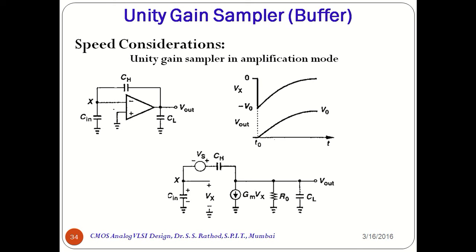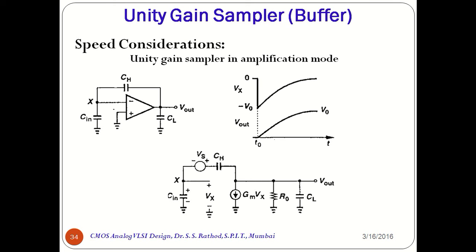If Cin is relatively small, we can assume that the voltages across CL and Ch do not change instantaneously, concluding that if Vout is nearly equal to 0, Vch is equal to V0 and Vx will be equal to minus V0 at the beginning of the amplification mode. In other words, the input difference sensed by the op-amp initially jumps to a large value, possibly causing the op-amp to slew.